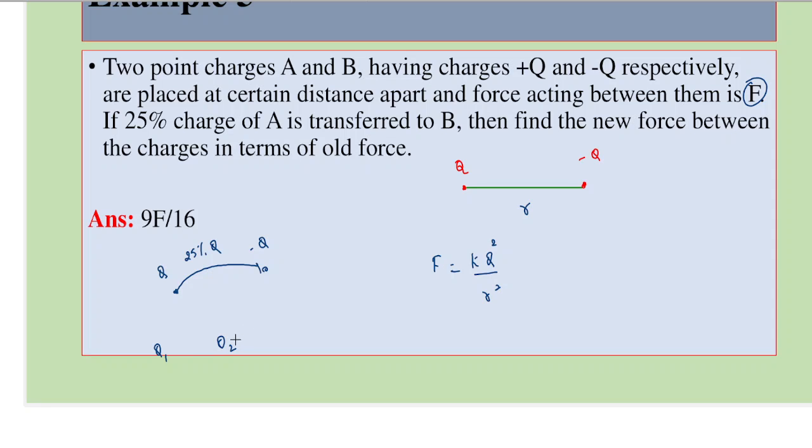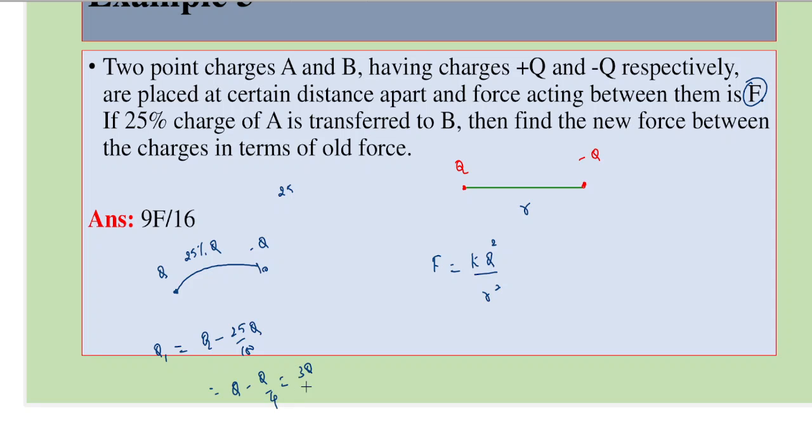We'll find what is Q1 first. Now Q1 would be charge Q, and from it a charge is going out. So what goes out would be 25%. So it will be 25 by 100 of Q. That is equal to, you can write this as Q minus Q by 4.